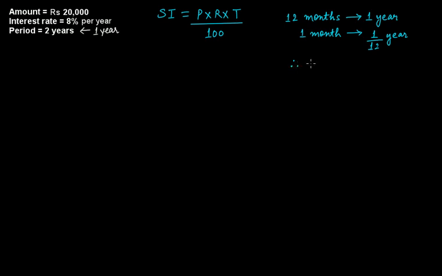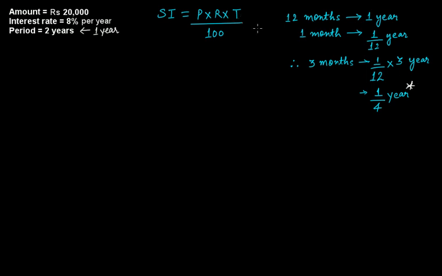Therefore, 3 months is equal to 1 by 12 multiplied by 3 year, that is 1 by 4 year. So 3 months means that it is actually 1 by 4 year, right?